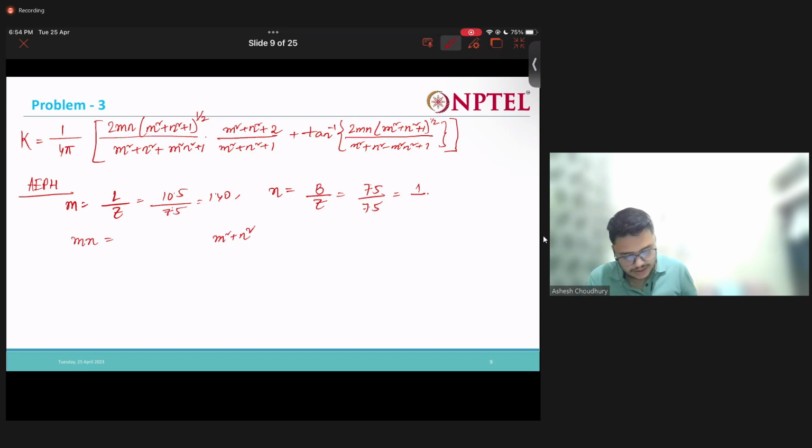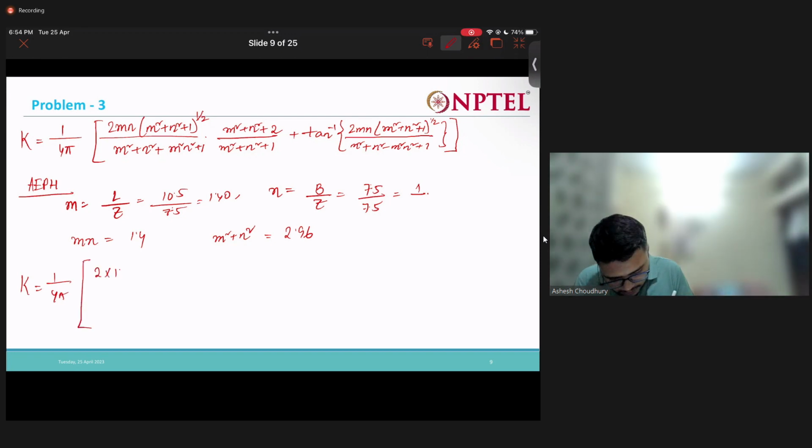You find these values first so that it will actually be easier. So this Mn is 1.4, and m square plus n square is 0.96.